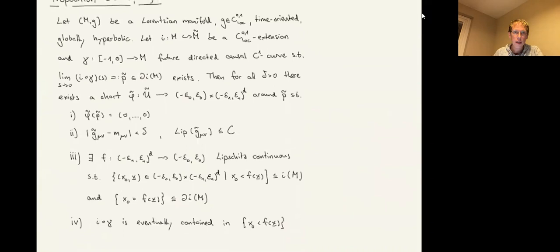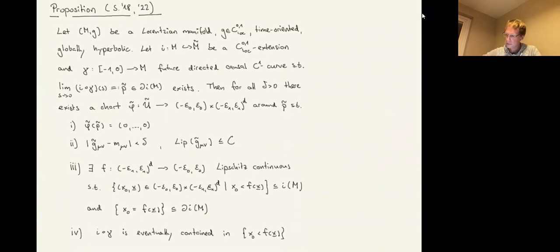So let me come to the statement. In this proposition, let me again run you through what this proposition says. So we start here with our Lorentz manifold M, and it suffices that it has a local Lipschitz regular metric. I assume that it's time-oriented and globally hyperbolic.